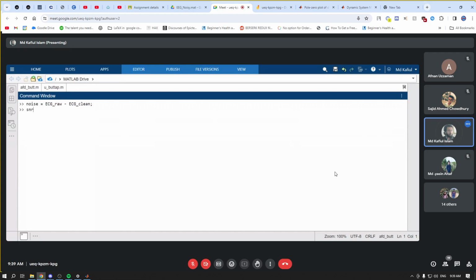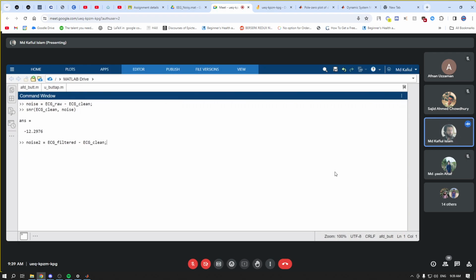Calculate the SNR. The SNR is supposed to be signal and noise. So what is the signal? The clean signal is this, and what was the noise before filtering? This is the noise. Okay, so this is supposed to be the SNR. So what was the previous SNR before removal of noise, before filtering? It is minus 12 dB. Now what do you expect the noise to be after filtering? Now you consider the filtered signal with respect to noise.